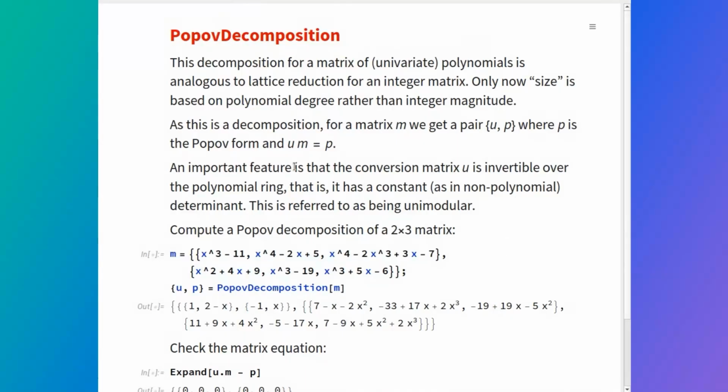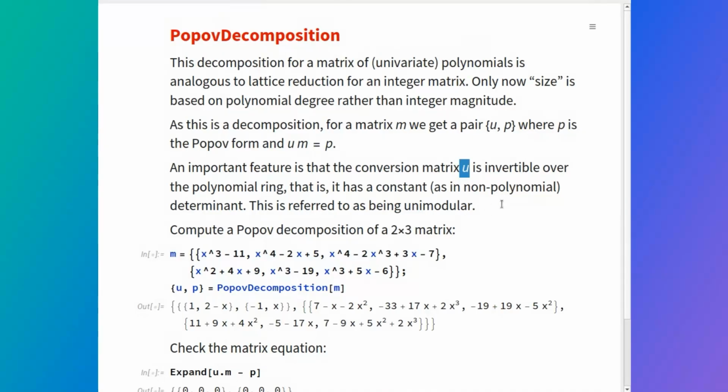And so, as with polynomial Smith and Hermite, your conversion matrix is always what's called unimodular, meaning it is invertible in the polynomial ring.